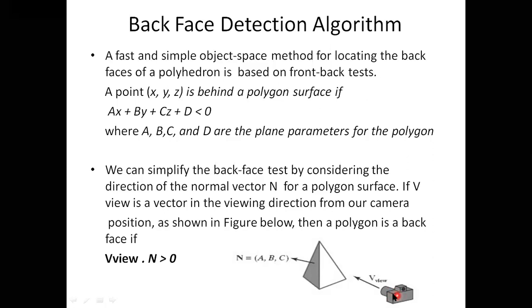If I am viewing from here, this surface will be visible, and this surface will not be visible for me. So I will take a point on the back face, and I will tell the prerequisites for a part of an object to be called a back face. There is no meaning in taking the front face, because this is a back face algorithm, not a front face algorithm.